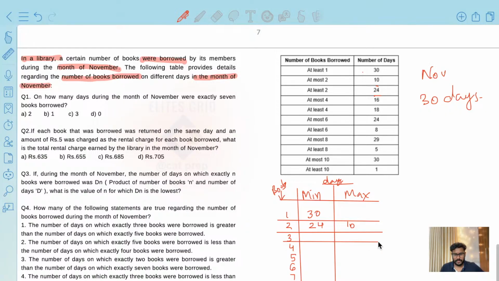I don't know what it means. 3. 4, for at least 18, at most 16. So at least a minimum of 18 and a maximum of 16. That means, huh?